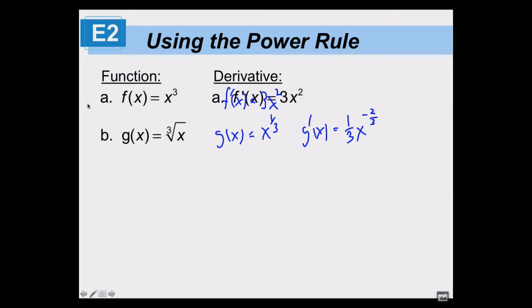So how do I change that so it's not a negative exponent? Lucas? 1/3 x to the what? 2/3. Done. Just move it to the bottom. If it's on the top, move it to the bottom. If it's on the bottom, move it to the top. Lose the minus sign.